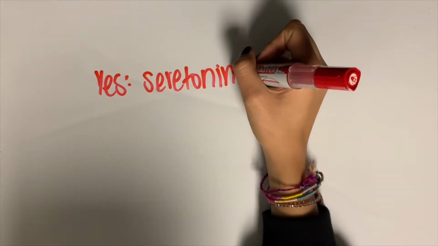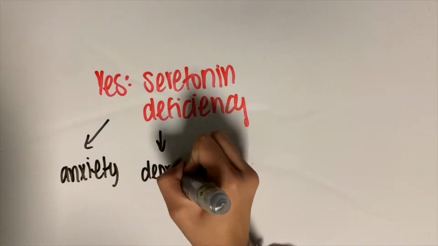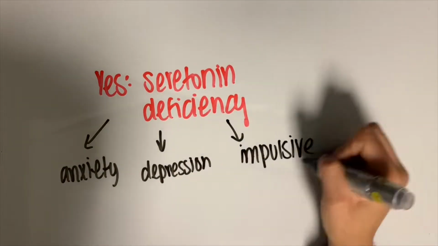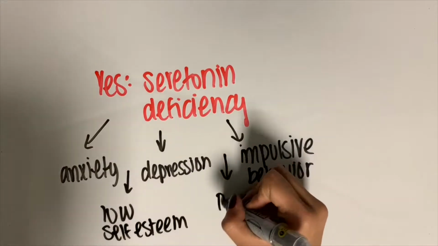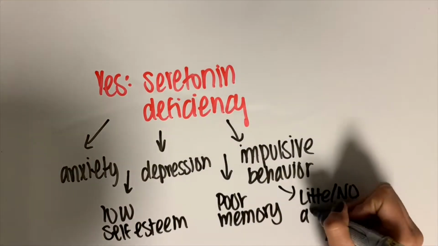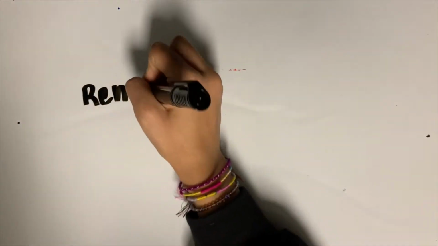Are there diseases linked to serotonin? Yes, serotonin deficiency. This leads to anxiety, depression, impulsive behavior, low self-esteem, poor memory, little to no appetite, insomnia, and aggression.